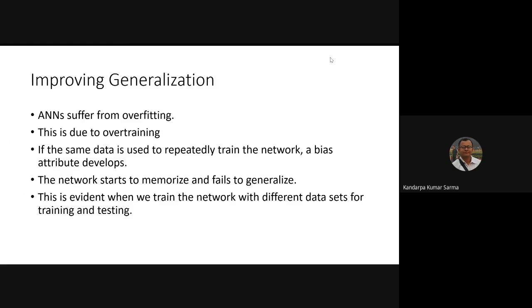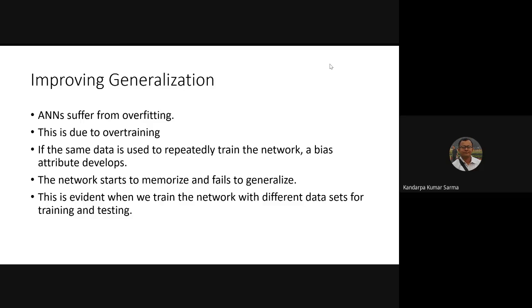Now here is a critical case: how we can reinforce the generalization capability of an ANN. We know that the ANN suffers from training. If we do a lot of training with the same data, we find that the network starts to fit the curves perfectly.